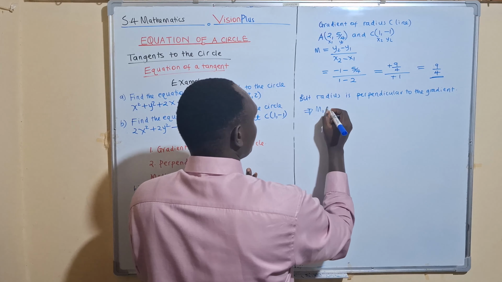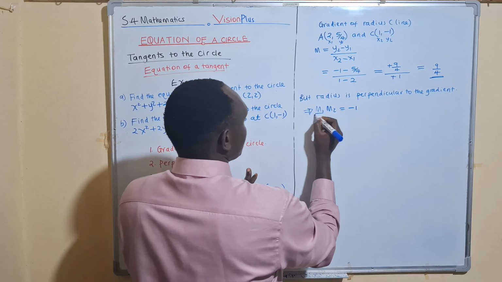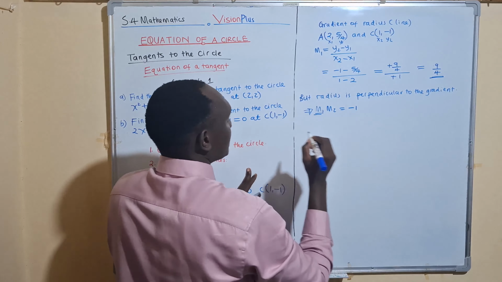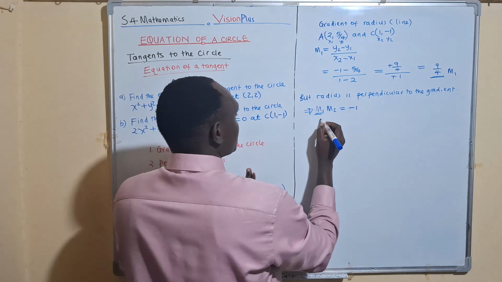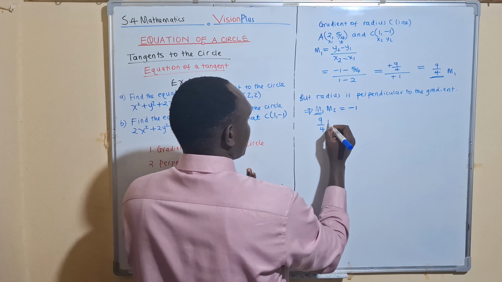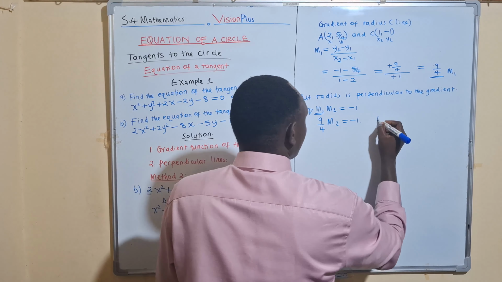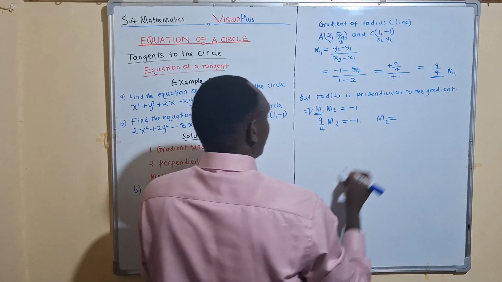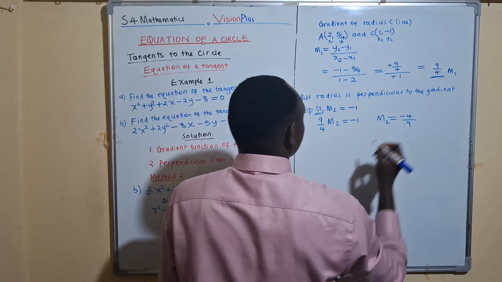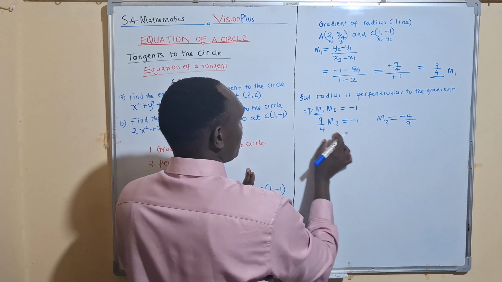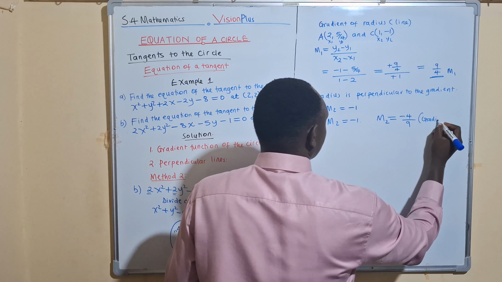Therefore, m1 times m2 equals negative 1. Let me say that m1 is the gradient of the radius. On substituting, we shall have 9 out of 4, which is m1, times m2 equals negative 1. When we make m2 the subject of the formula, we shall find that m2 is negative 4 out of 9. This is now the gradient of the tangent.